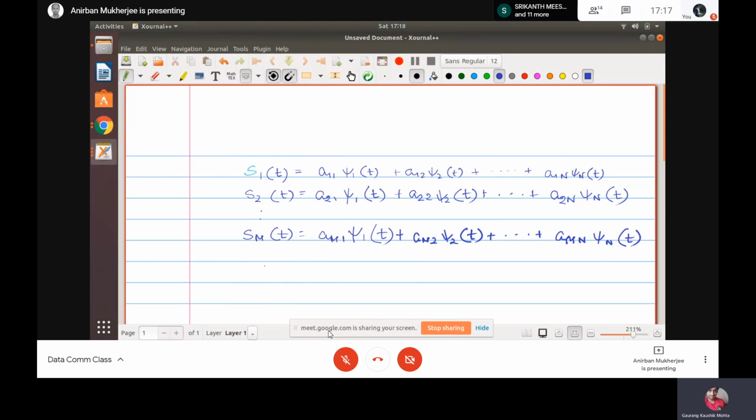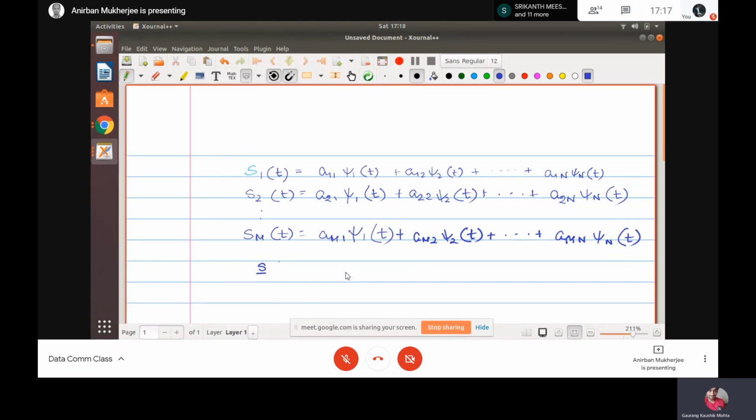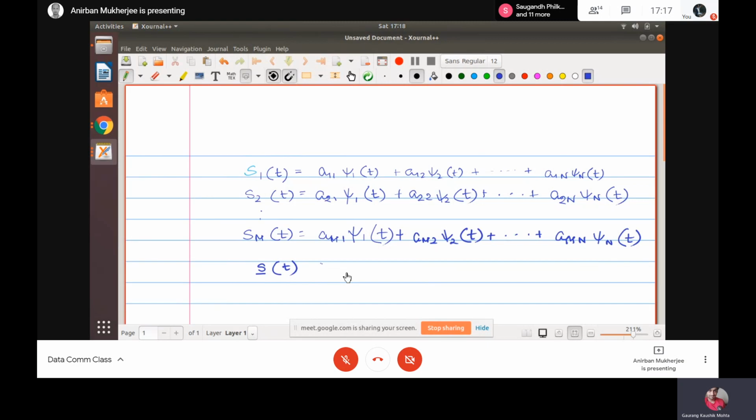What is my, so that means the S vector t equal to A times psi, and A is basically an M cross N matrix. Okay, this is M cross 1 and this is N cross 1.